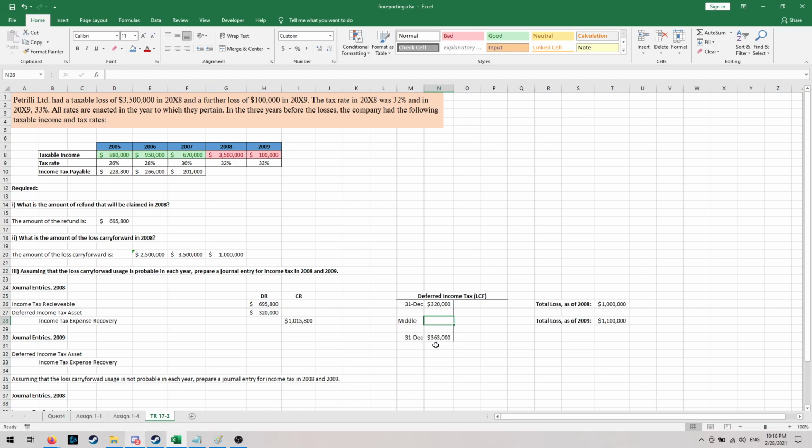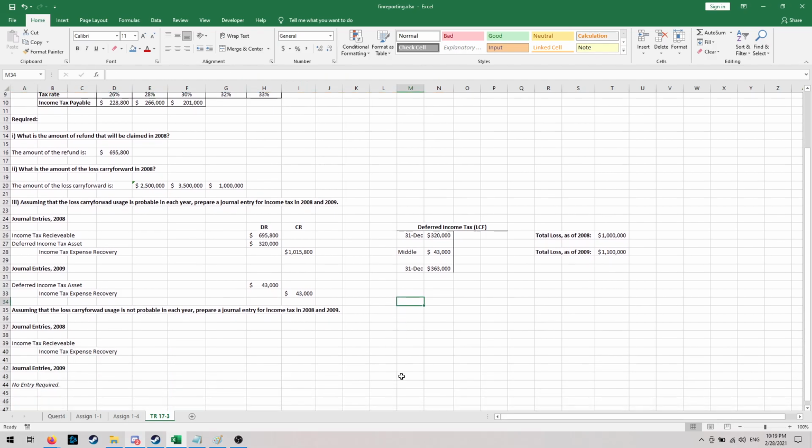Well, it's easy to determine that. We can use just simple subtraction. We're going to subtract 320,000 from 363,000. And we're going to get 43,000. And that's our adjustment, and we can just enter that into our 2009 entry. That's how much the deferred tax asset will go up. And this is the counterbalancing credit account. So next, I'll just bold this so it looks good.